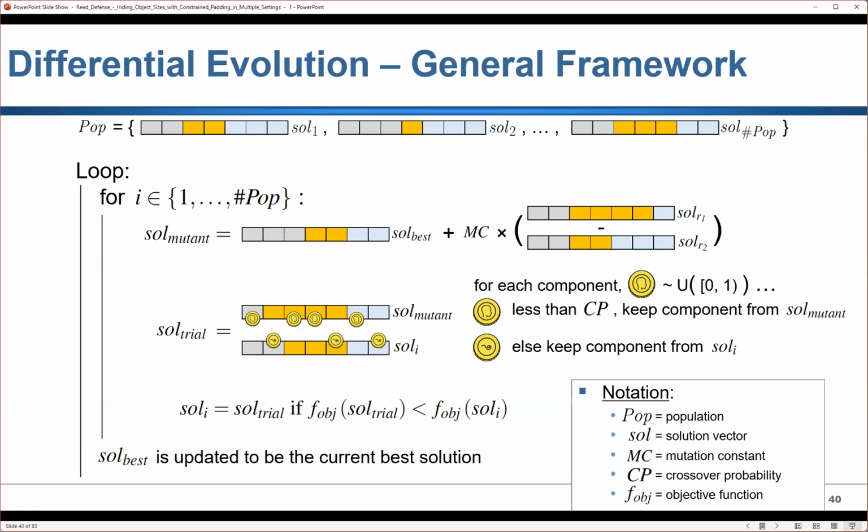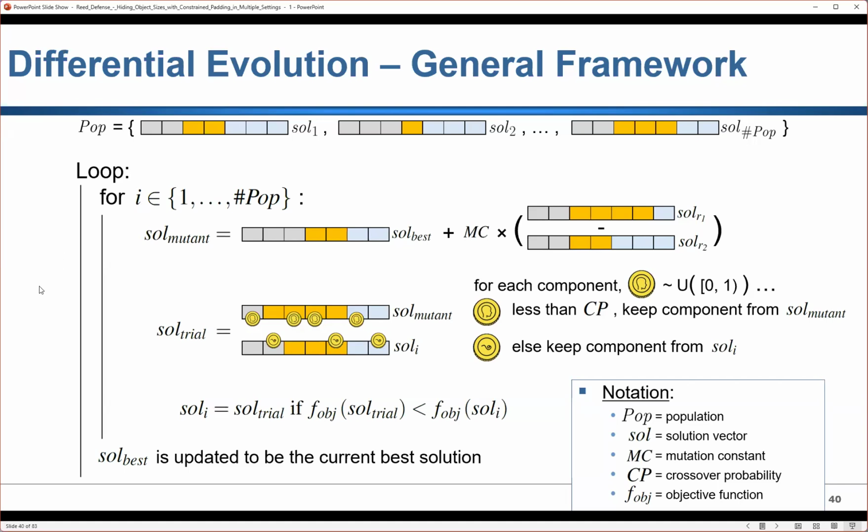So along the top here, differential evolution, like many other derivative-free optimization schemes, such as particle swarm optimization and genetic algorithms, maintains a population of candidate solutions. I've depicted those along the top here as padding schemes.